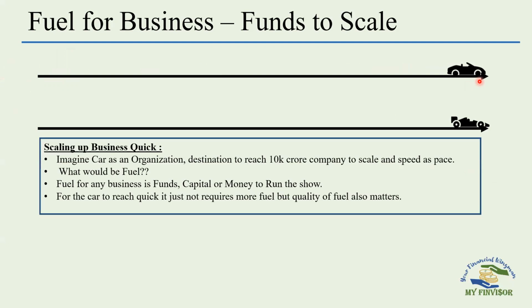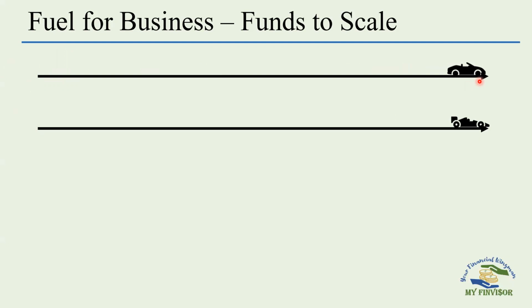Okay, so what would be the major difference between this car and this car? Of course, the make of the car, that is anyways available. But apart from that, the fuel does make a huge difference. Firstly, if you have to run quicker, you will have to have more fuel, and of course the quality of fuel also has to be higher.